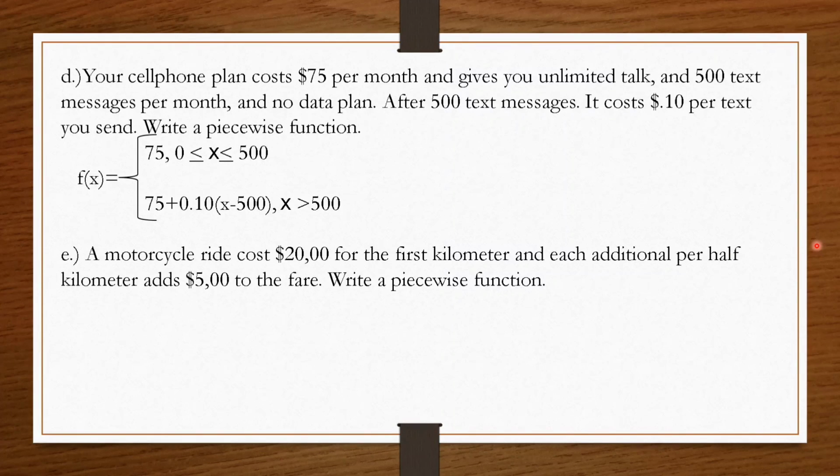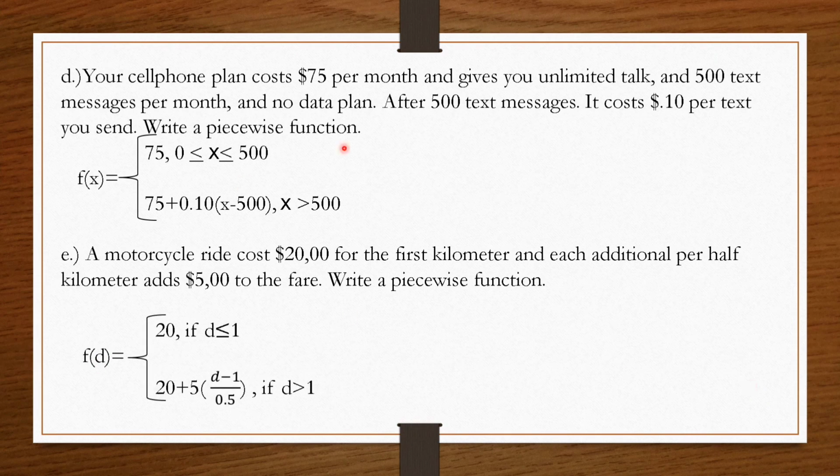Another example is a motorcycle ride that costs $20 for the first kilometer, and each additional half kilometer adds $5 to the fare. Write a piecewise function, so f of d, and your piecewise function will look like this. $20 if your distance is less than or equal to 1, so the first kilometer is $20.